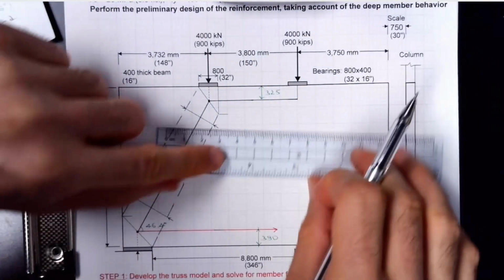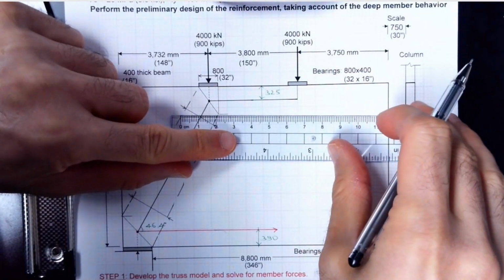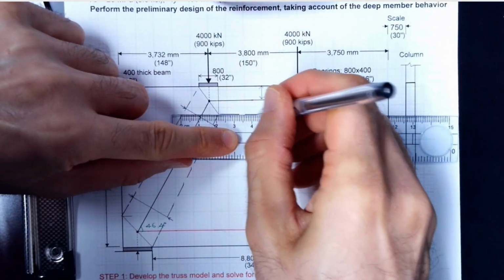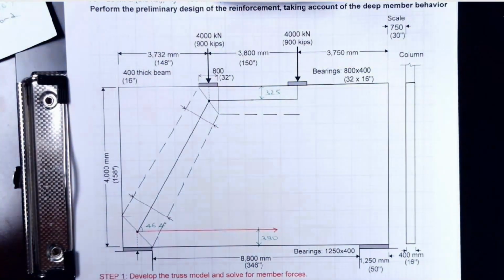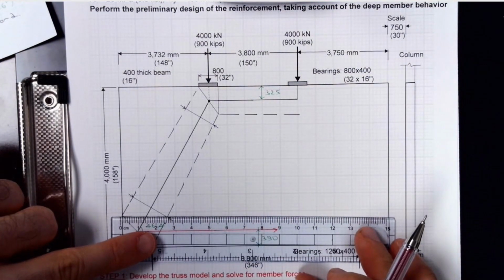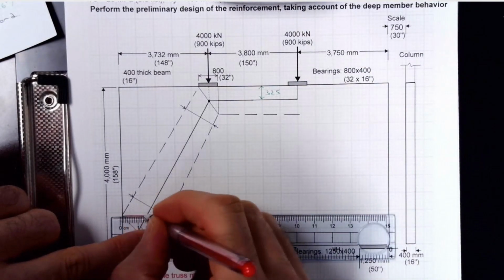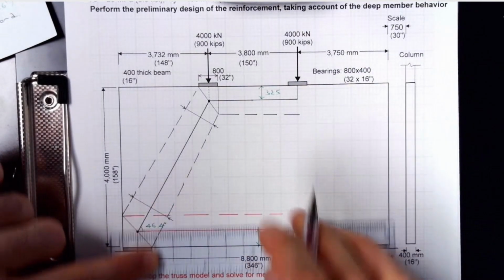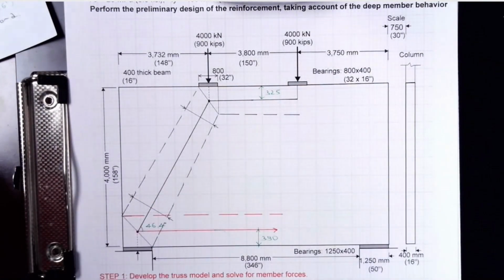And for your tie, it's going to be this width. So 390, 390, 325, 325.